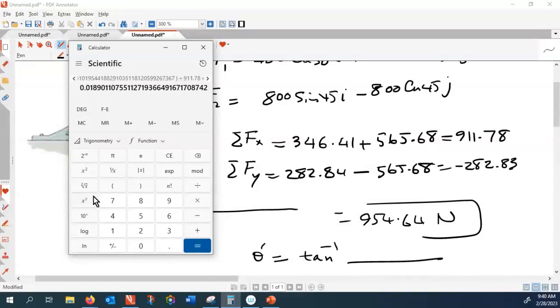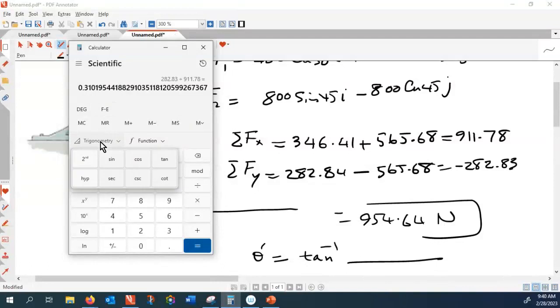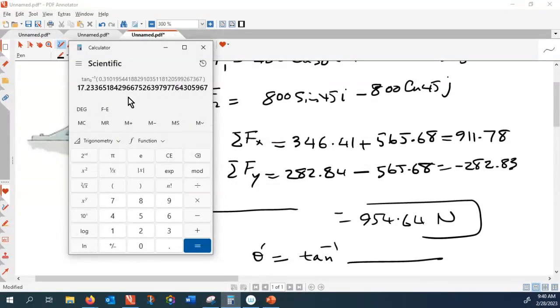So that is the fraction 0.31. The angle for that, the tan inverse, is 17 degrees.